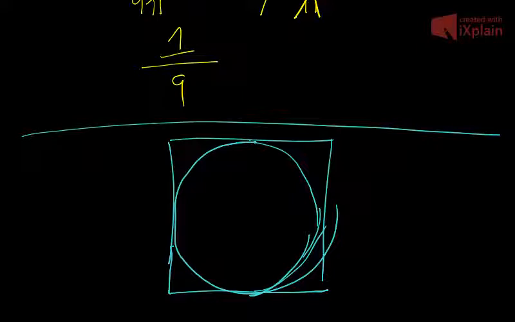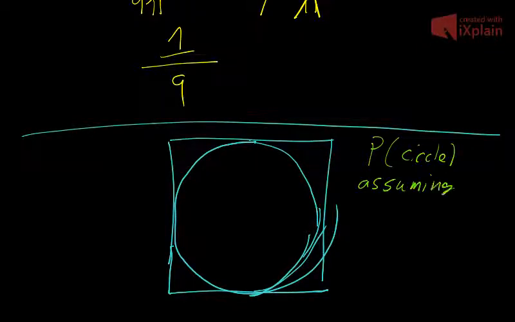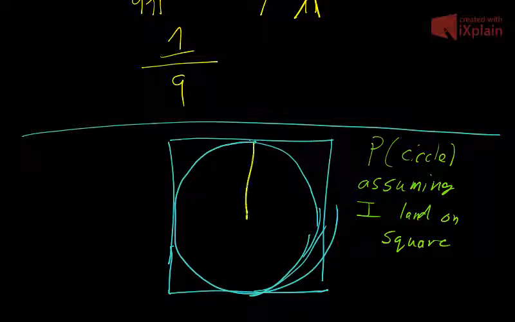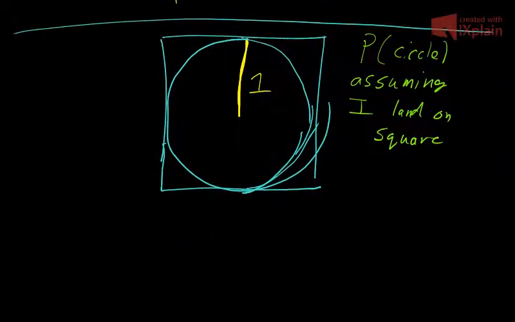I want to know what is the probability of hitting the circle, assuming I land on the square. And just to get some units in here, I'm going to put that there's a radius of 1, and we should be good to go.